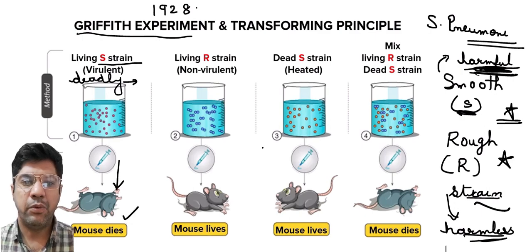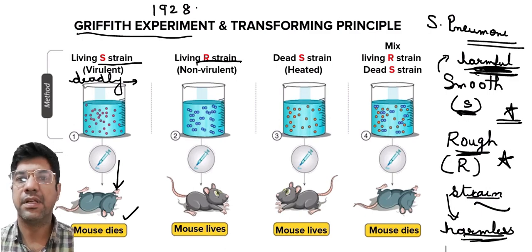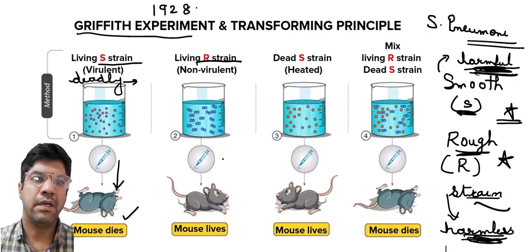Now in experiment 2, he injected mice with live R strain. The mice remained healthy because the R strain was harmless.